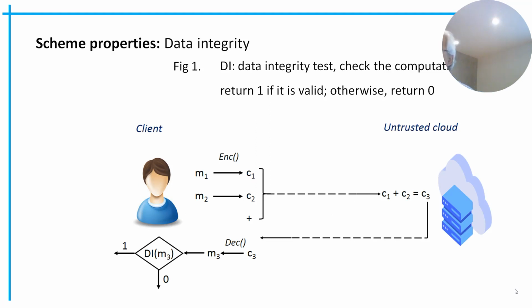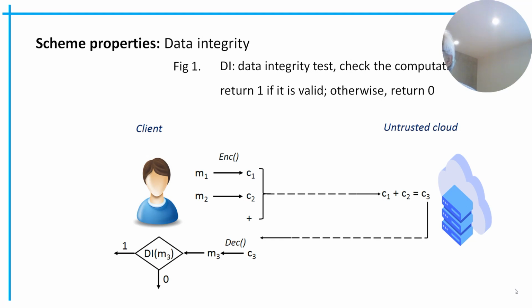Let's assume that the user asks the cloud to perform homomorphic addition of two ciphertexts. Upon receiving the result, the user will use it on the basis that it is valid computing. However, in reality, the third party may have changed this result, whether by mistake or on purpose.